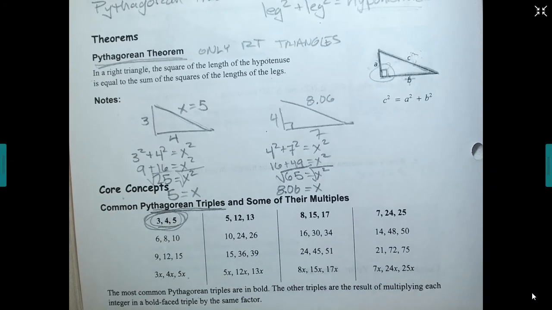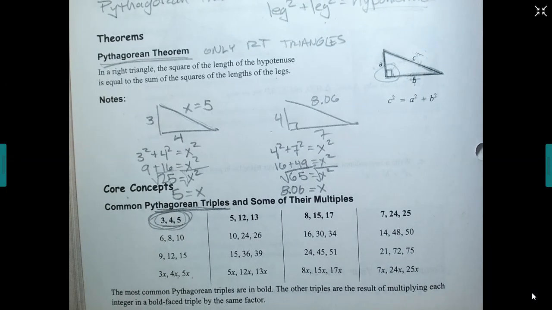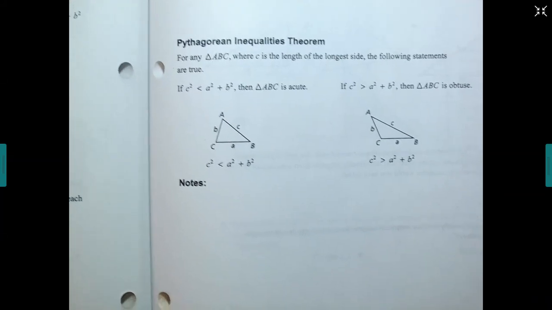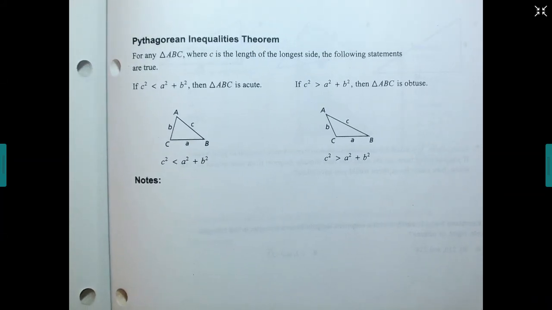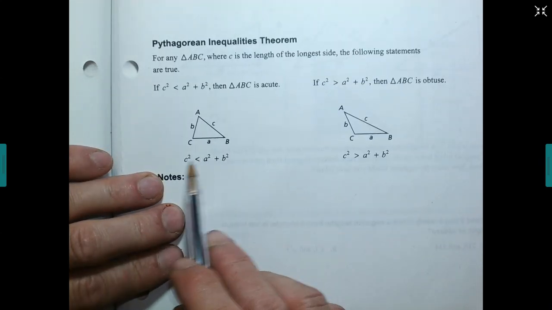Now there's one piece to add to this, and that is we did leg squared plus leg squared equals hypotenuse squared. But what if it's greater than the hypotenuse?